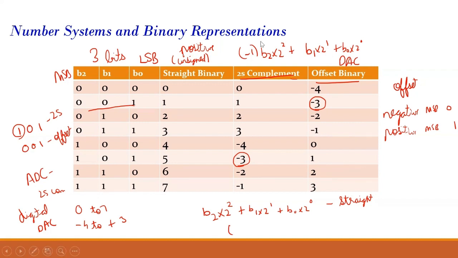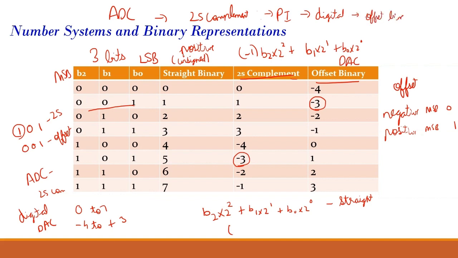So my ADC will convert it into 2's complement, and then it will go through my PI controller and so on, and it will give some digital value. That digital value I have to convert into offset binary, and that offset binary I will send to my DAC.